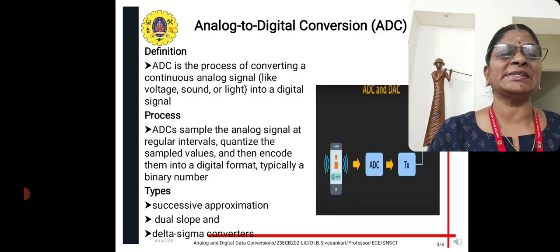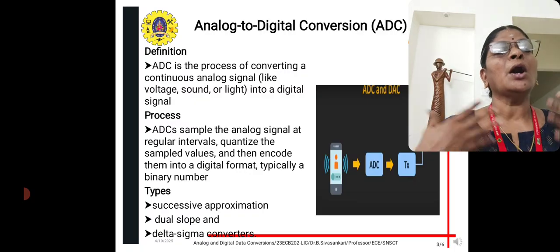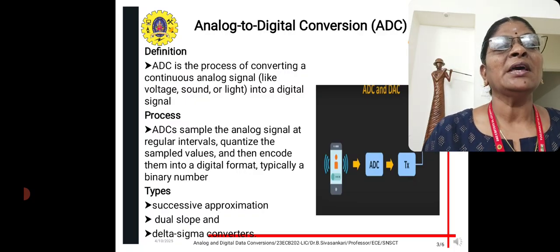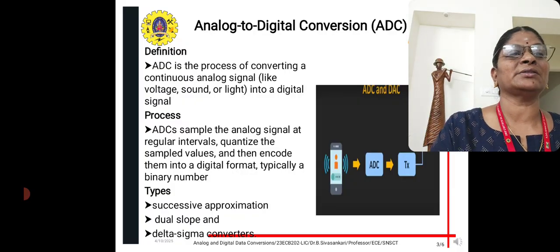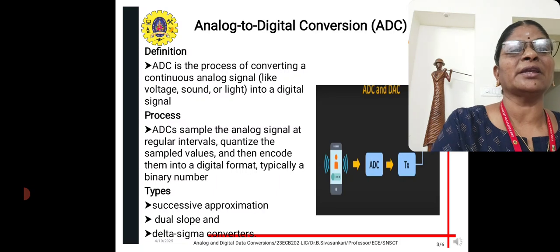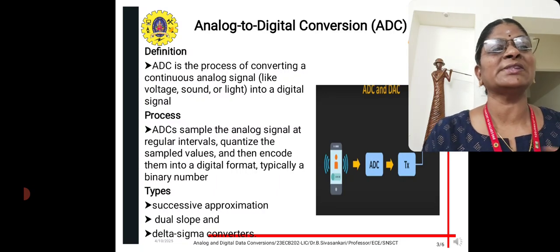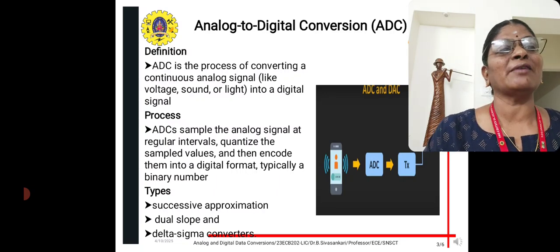So we have discussed how we hear music when we stream it. Now, how is that streamed music converted from analog to digital and digital to analog, in both the transmitter section as well as the receiver section? Same in our mobile phone.